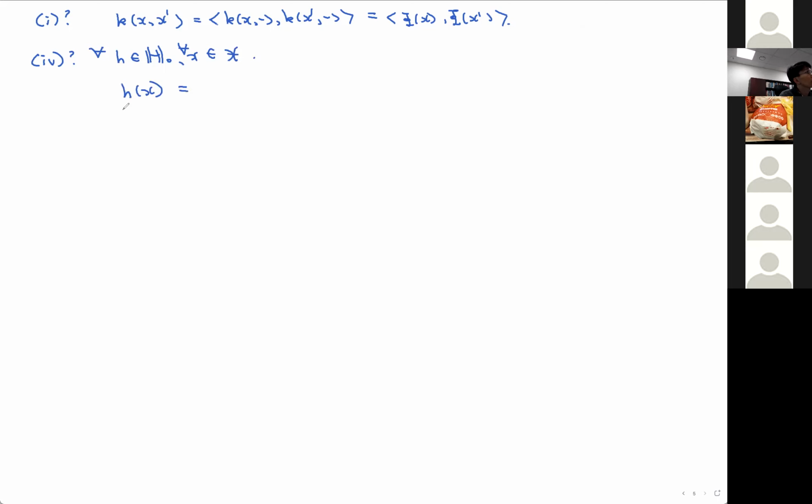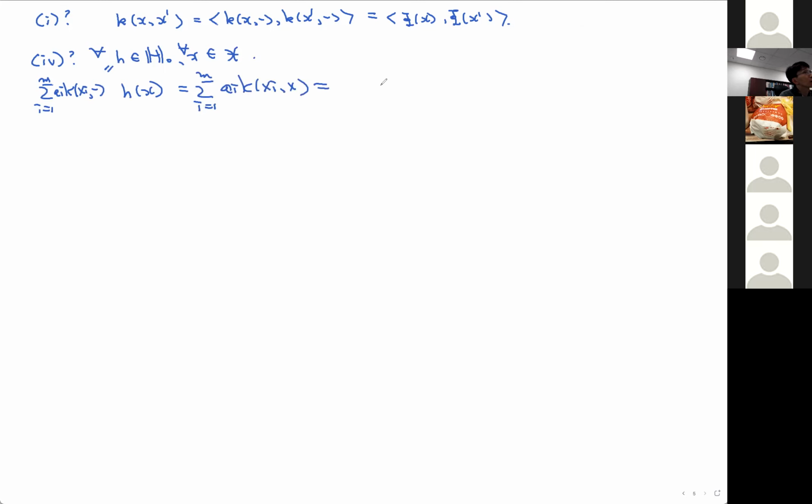If we have an h, then h will be of this form, the sum from i equal to 1 to m of a_i k(x_i, ·). So h(x) is going to be the same as the sum of i is 1 through m, a_i k(x_i, x).